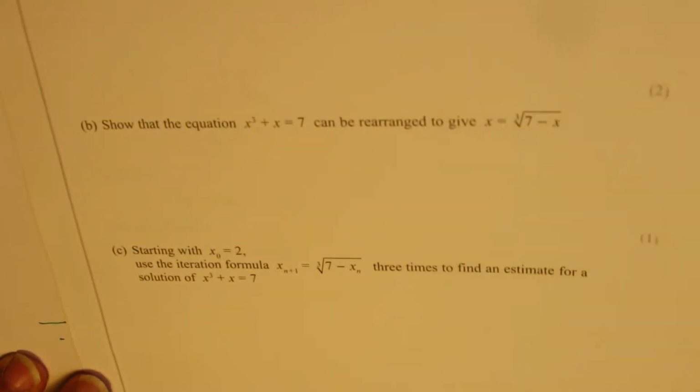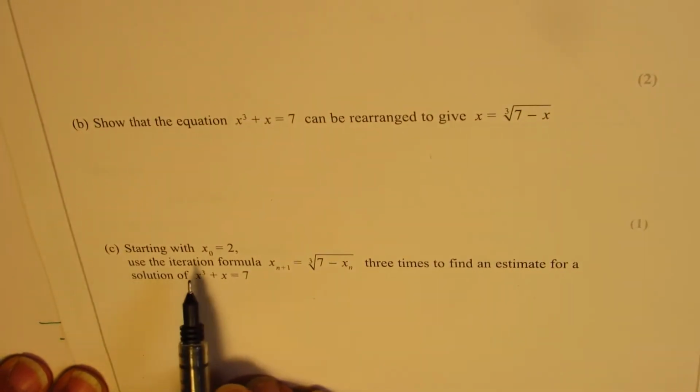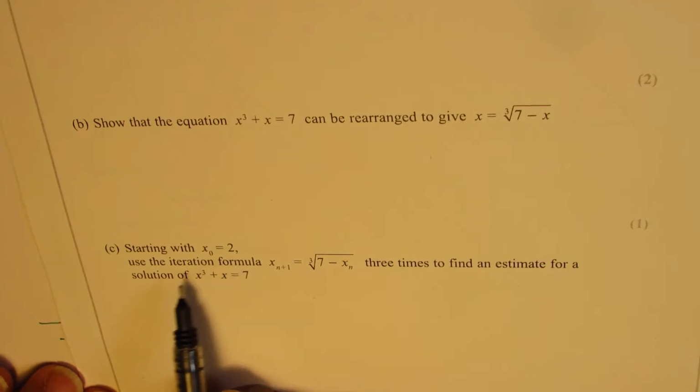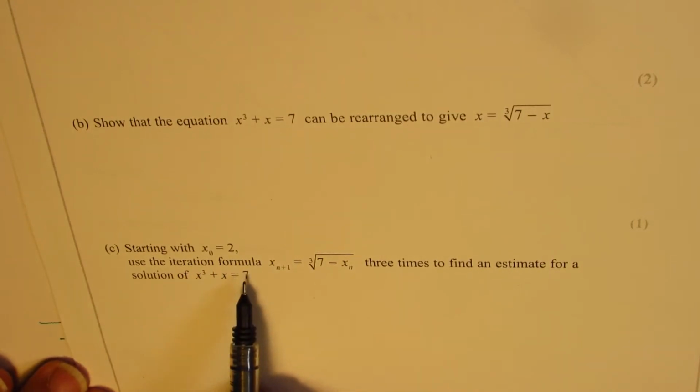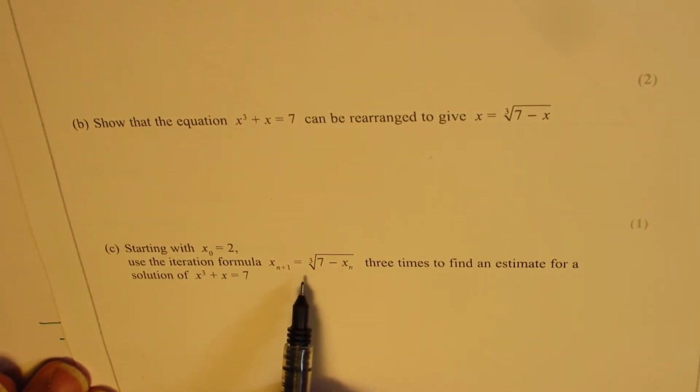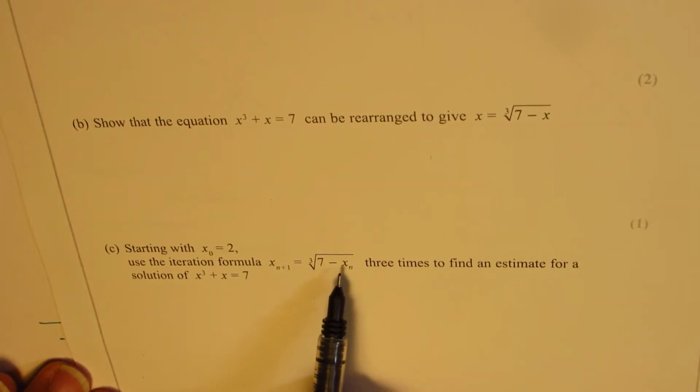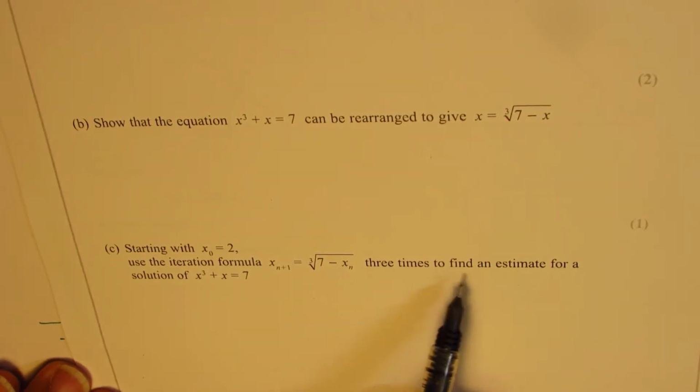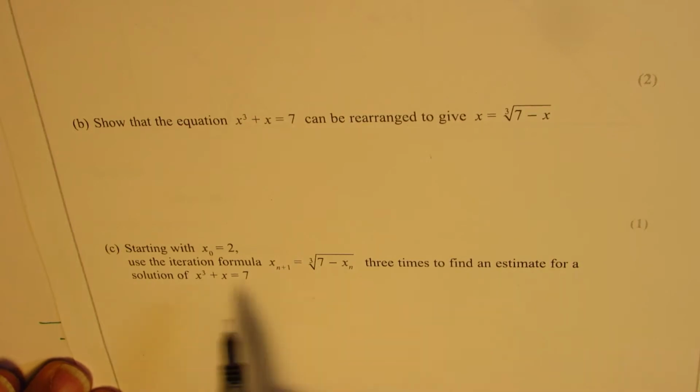And then we have part C, which is, starting with x0 equals 2, use the iteration formula x(n+1) equals the cube root of 7 minus xn 3 times to find an estimate for the solution of x cubed plus x equals 7, right?